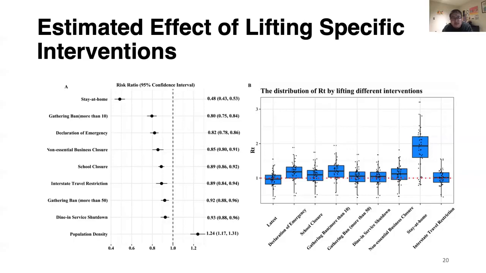Gathering ban with a larger group of people, like 50 people, has a minimum effect, which reduces the RT by 6% with 95% confidence interval 2 to 11%, among the 8 interventions.